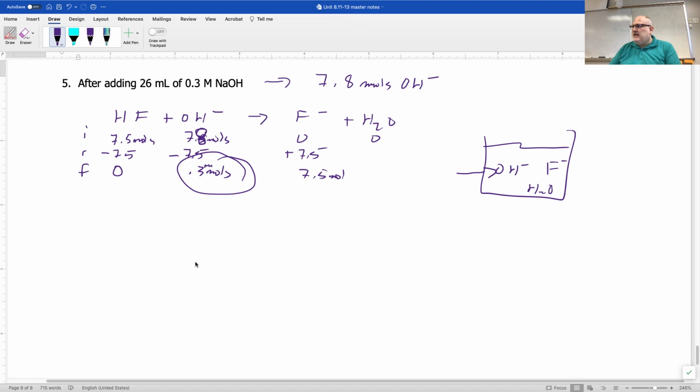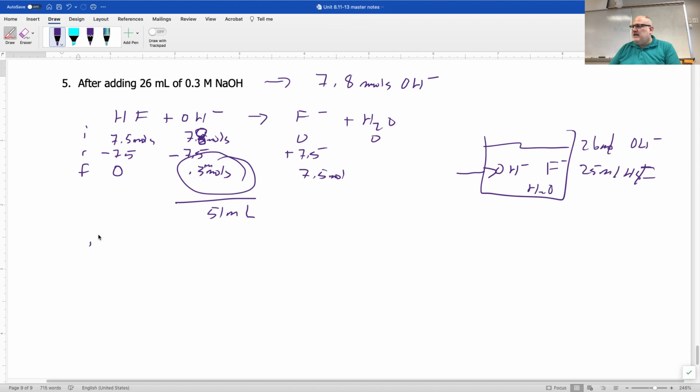So if I have 0.3 millimoles of this left over, I can divide it by my new volume. Remember, we had 25 milliliters of our HF, and to that we're now adding 26 milliliters of our OH minus. Wouldn't that leave us with 51 milliliters of solution?